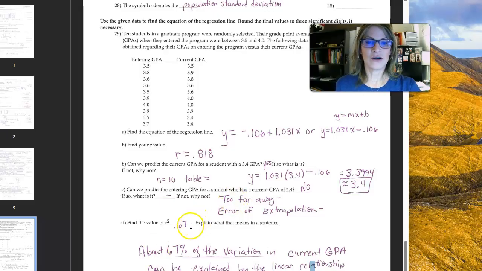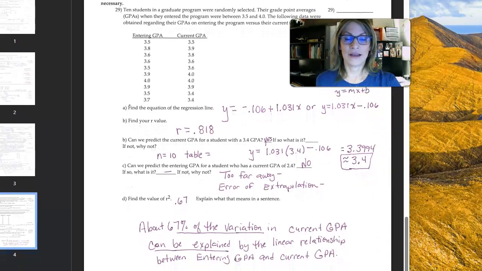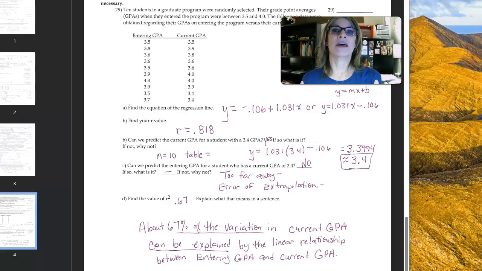Okay, R squared was 0.67. It was 0.6685 something something. Okay, explain what that means in a sentence. The minimum that I want you to say is about 67% of the variation can be explained. That's the minimum.